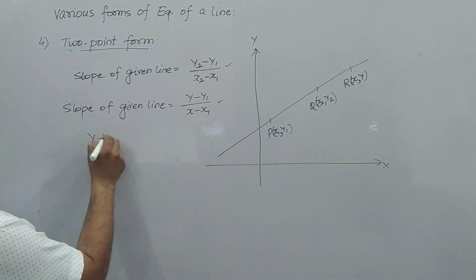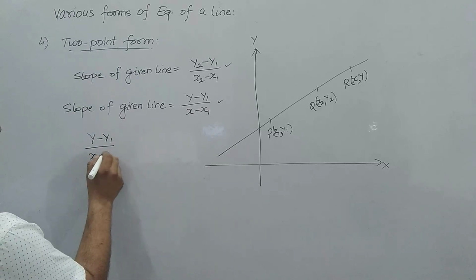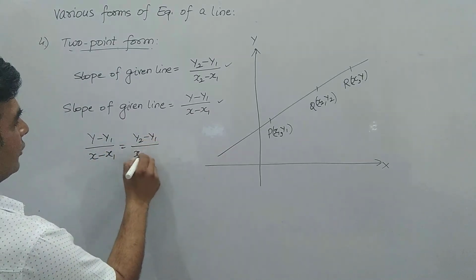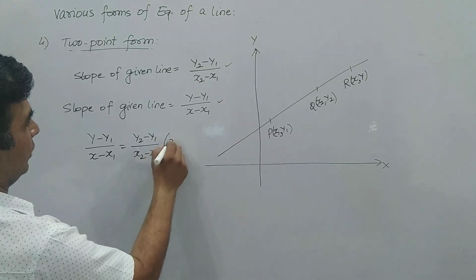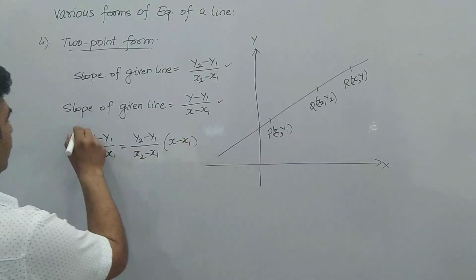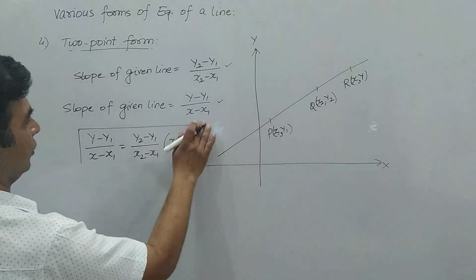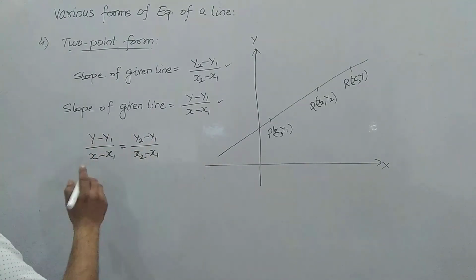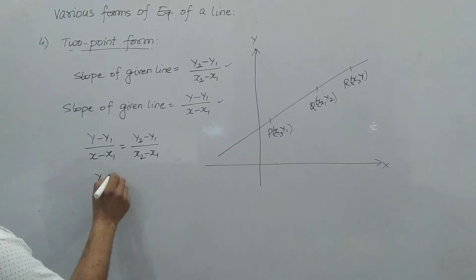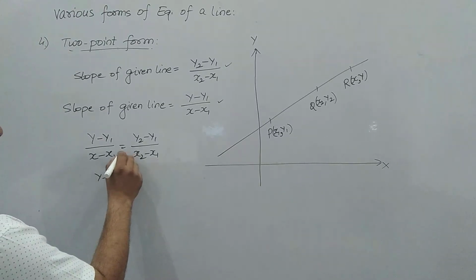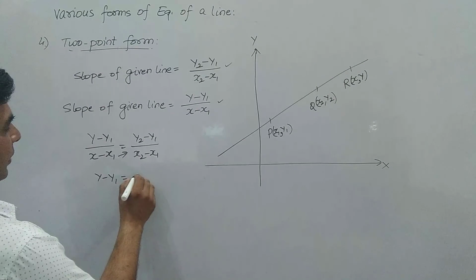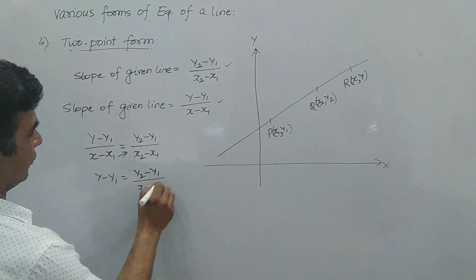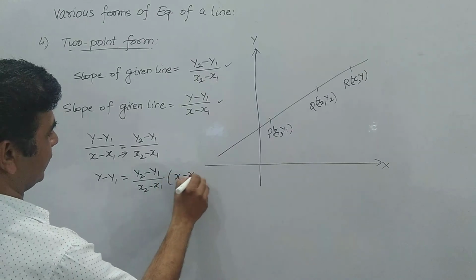So it implies y minus y1 upon x minus x1 is equal to y2 minus y1 upon x2 minus x1. Both are equal to each other, so it implies y minus y1 is equal to, taking this on the right hand side, y2 minus y1 upon x2 minus x1 into x minus x1.